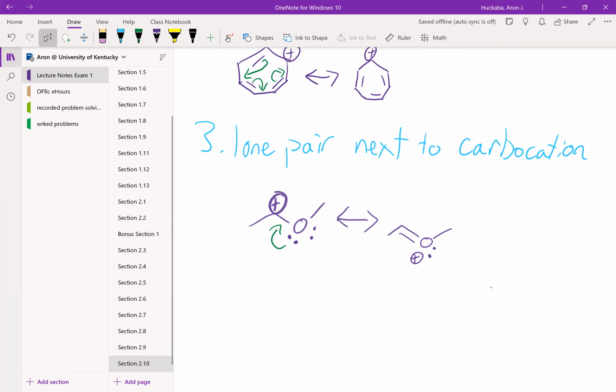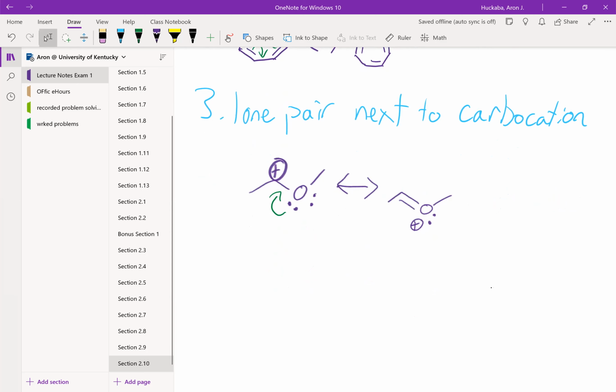More often, oxygen isn't the best example here. More often, a better example is something with nitrogen. Nitrogen doesn't mind having a positive charge.